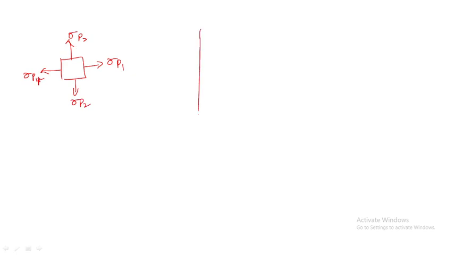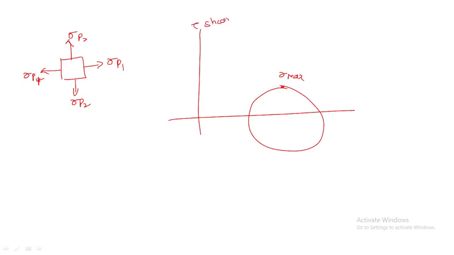Now if you draw the same diagram, what we've done already, what is the value here? It's the tau max. And this is shear stress here, and this is normal stress.